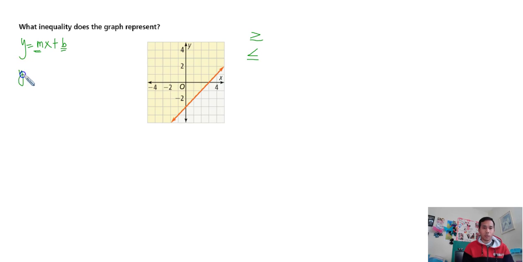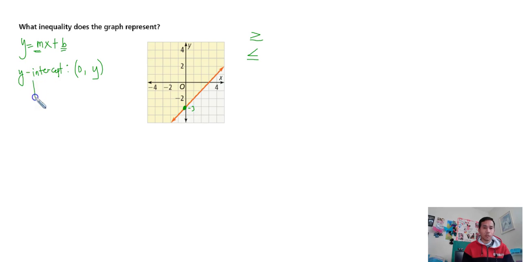Your y-intercept, I'll repeat this one, is the value of y when x is equal to 0. So what will be the value of y when x is 0 based on the graph? It's this one. This is now your y-intercept. This is -3.